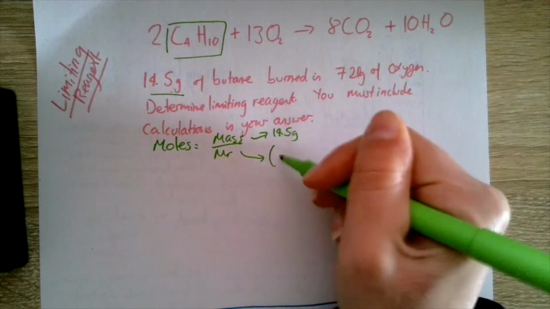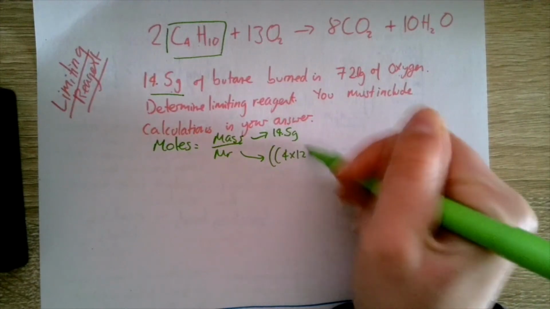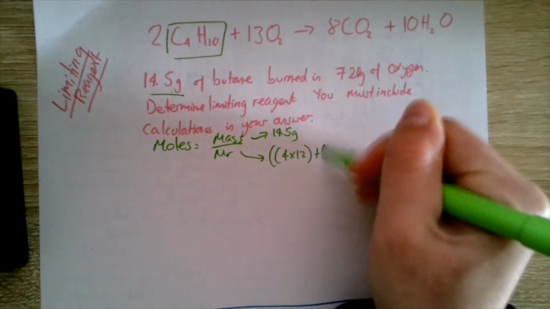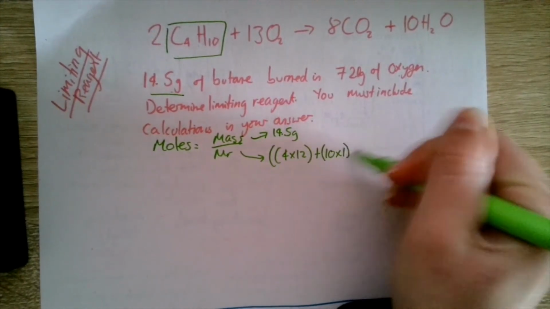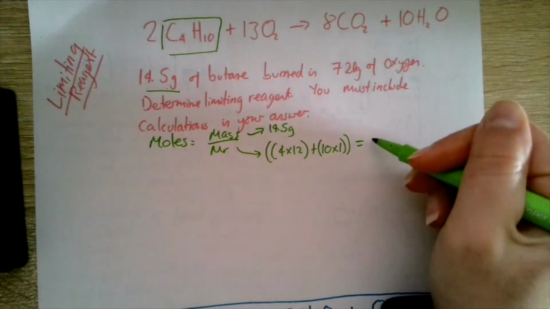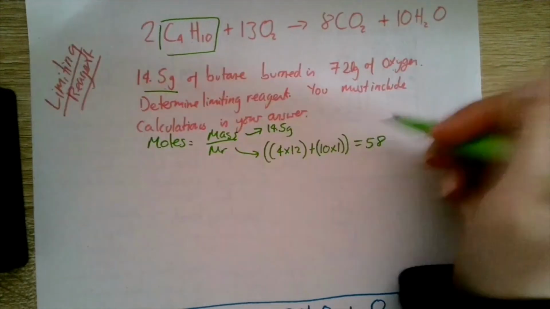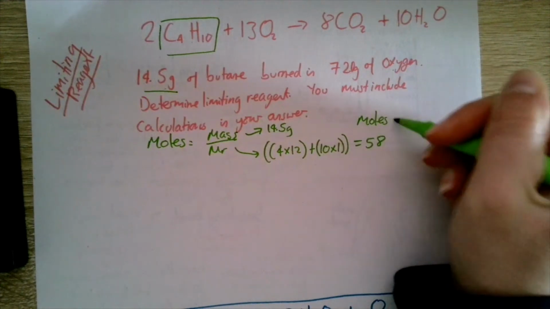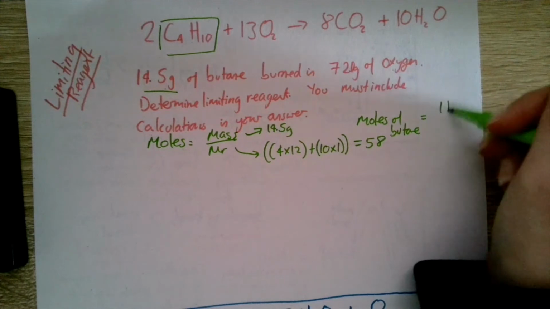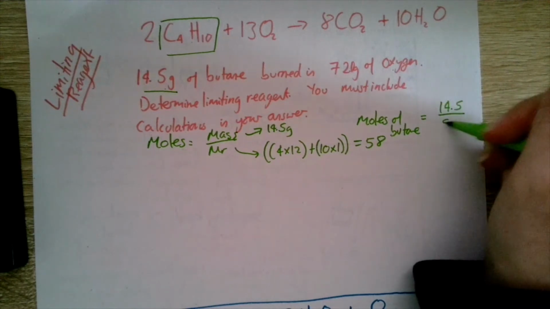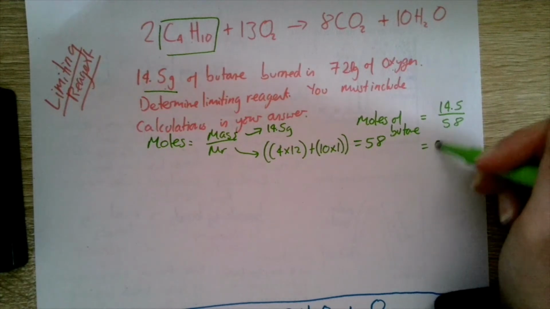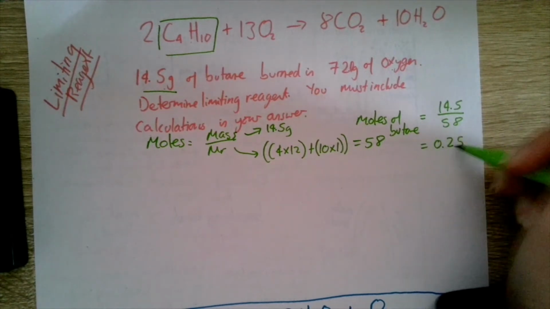So we're going to have 4 lots of 12, as that's our atomic mass of carbon, plus 10 lots of 1, as that's our atomic mass of hydrogen. That comes out to 58. So our moles of butane we can get by doing 14.5 divided by 58, which comes out to be 0.25 moles.